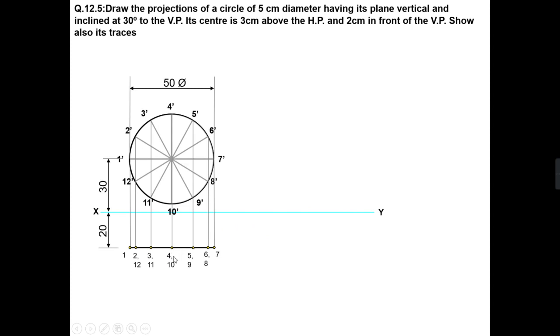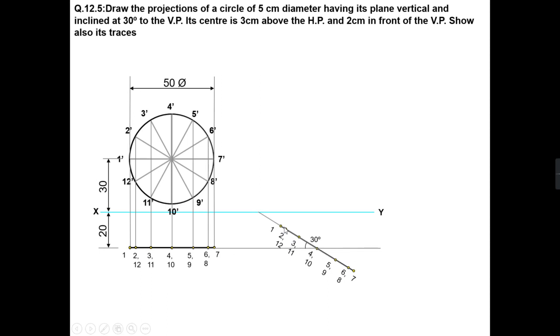This point is also indicating the center point of the circle, right? So this point will stay on this level only, meaning 20 mm away from the XY line. So I will draw a horizontal line, then incline this line at 30 degrees like this, and this 4 and 10 should be on this horizontal line only.